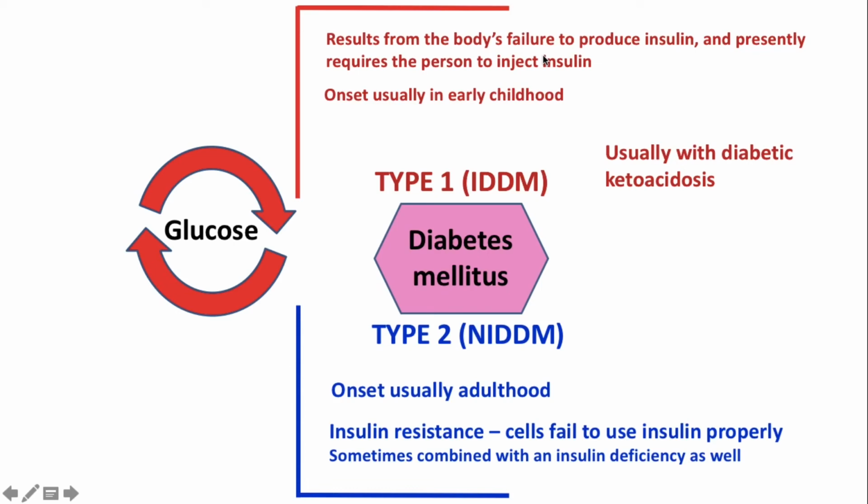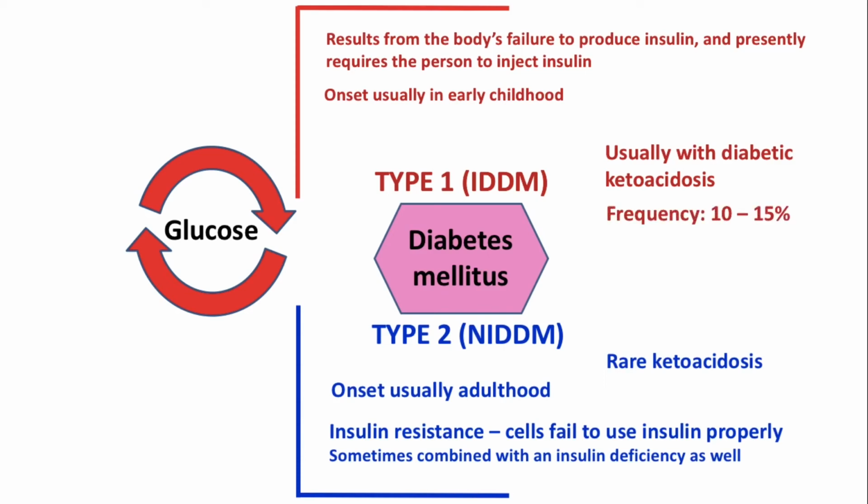That means we cannot use the glucose as an energy source, so our body will use our fats instead. And the fats are broken down, and the result of that is the keto acids or the ketone bodies. That's why we can see ketoacidosis in type 1 DM. Whereas for the type 2, we only have rare ketoacidosis.